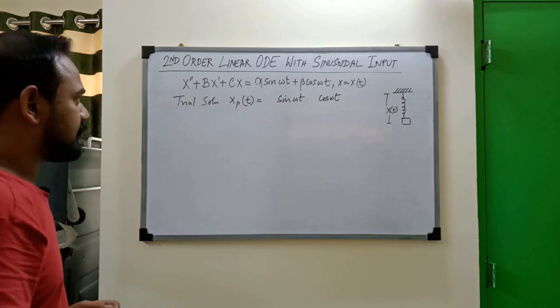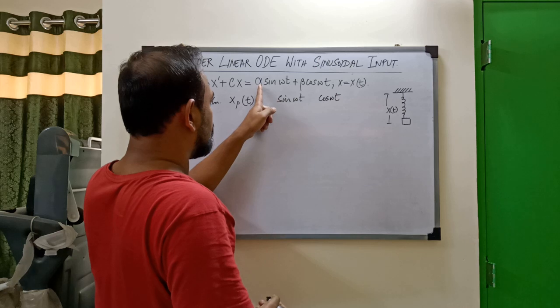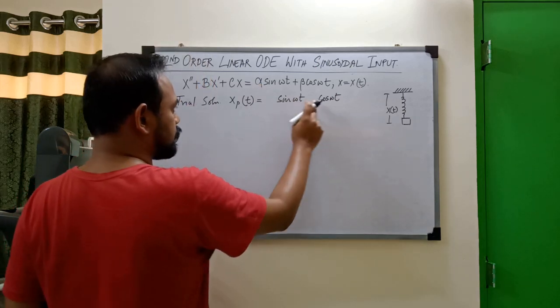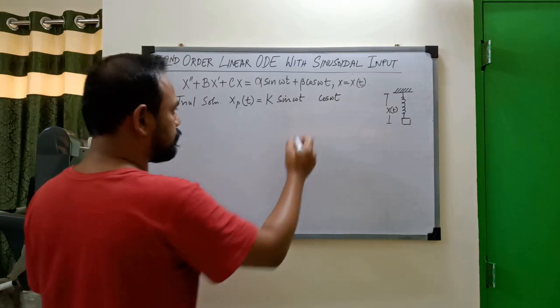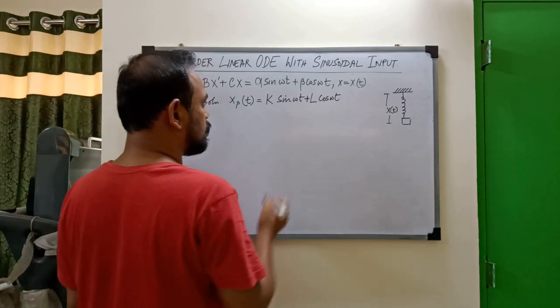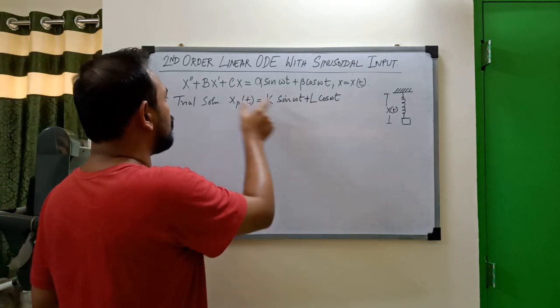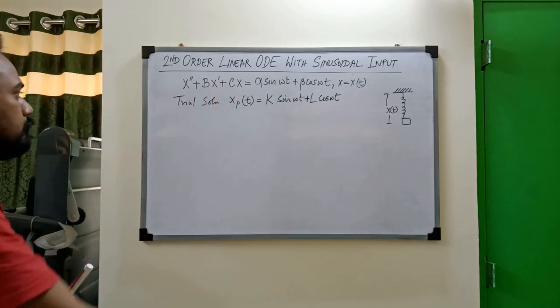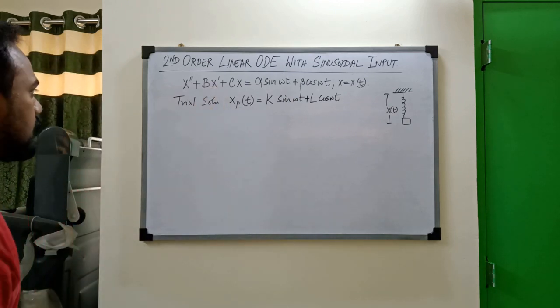So that's the guess. Of course, we can't use alpha and beta, since we don't know what the coefficients are going to be. These are the undetermined coefficients, k and l. We don't know what they are, but we will find that out. So this is my guess for a trial particular solution for this differential equation. Let's try it out.